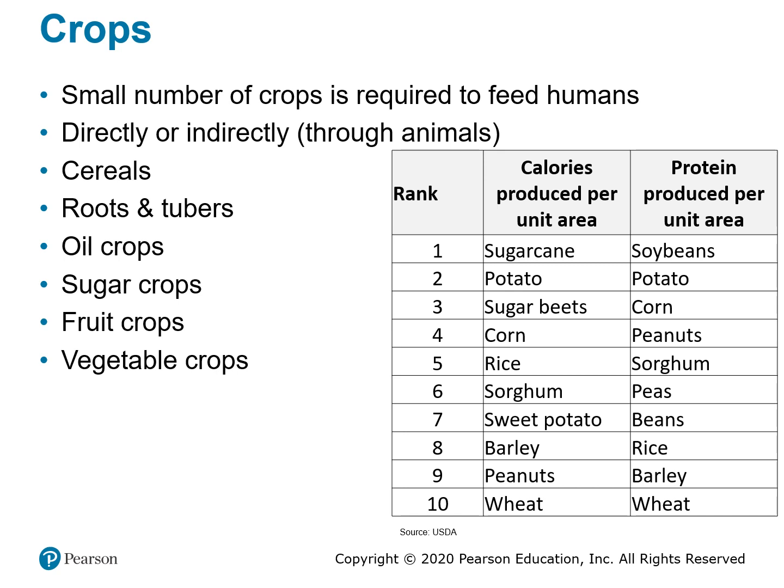Now, fruits and vegetables add to the variety and palatability of our daily meals, but they also supply much needed vitamins and minerals. So the table on the right shows some of the common crops ranked in relation to the calories and proteins produced per unit area of land. There are some horticultural crops featured, such as potato, sweet potato, peas, and beans.